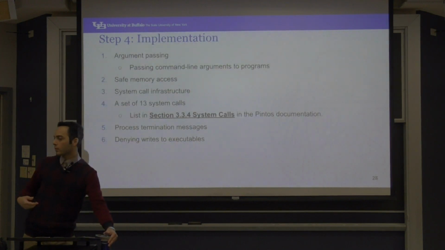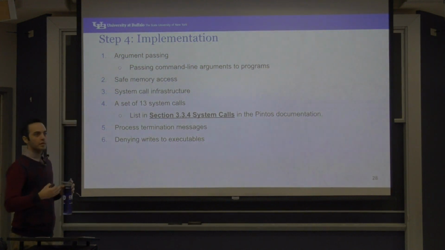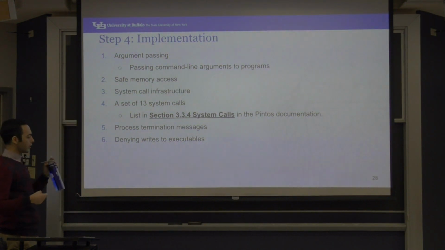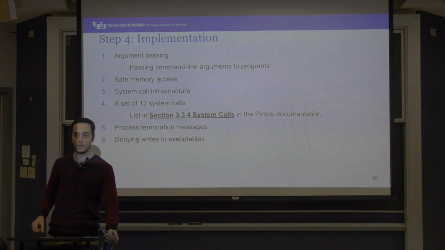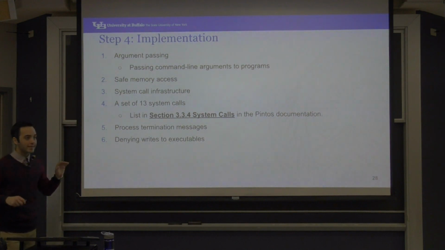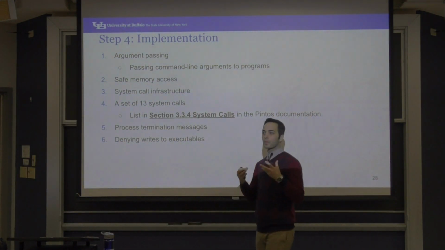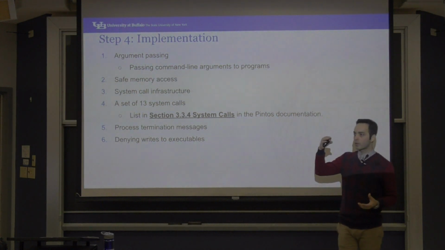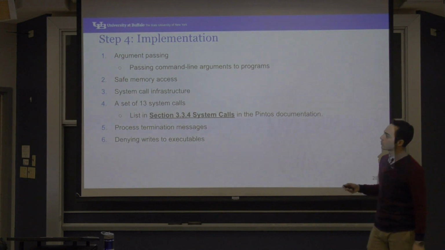So now we're going to go over the implementation. You have to understand some of this for your design doc, obviously. For Project 2, there are different parts. One is argument passing, which is when you're calling a user program, you want to pass the arguments in the command line so that the user program can use those.